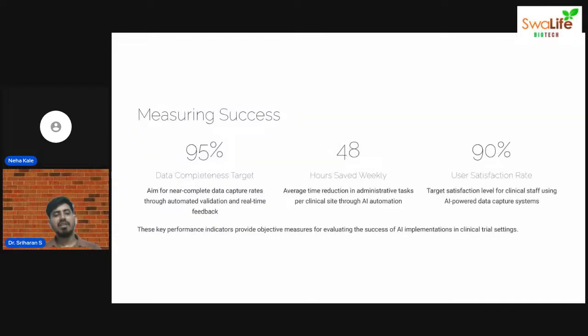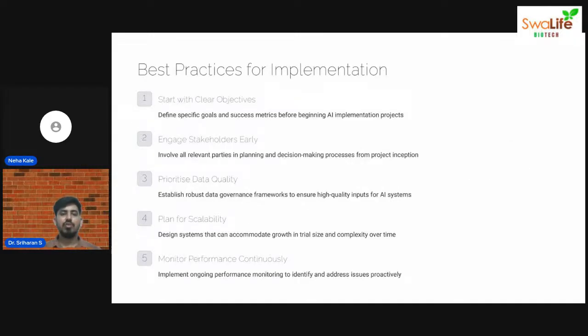Measuring success: 95% data completeness target, 48% should be time consumption as well. Users also 90% satisfaction. So your measure of success should depend upon this scale matrix, and using it we can achieve success on a large scale.